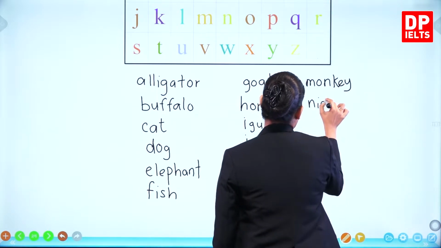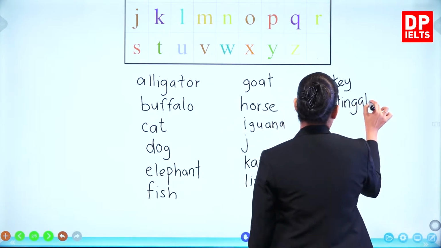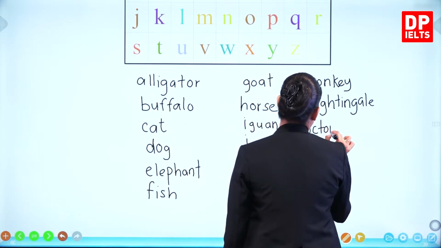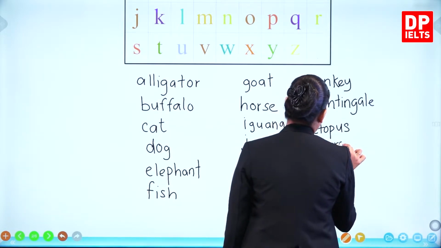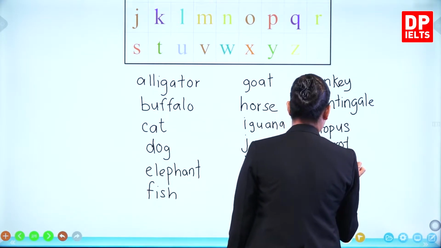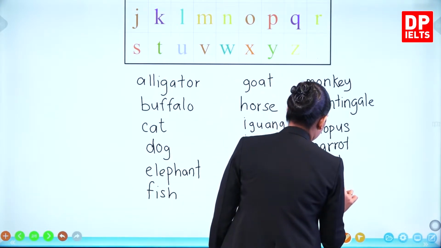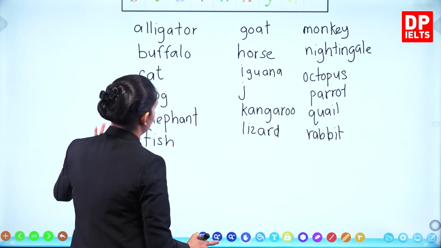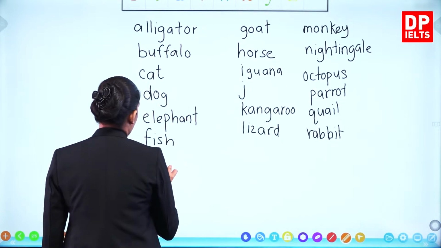N, nightingale. O, octopus. P, parrot. Q, quail. R, rabbit. S, snake.